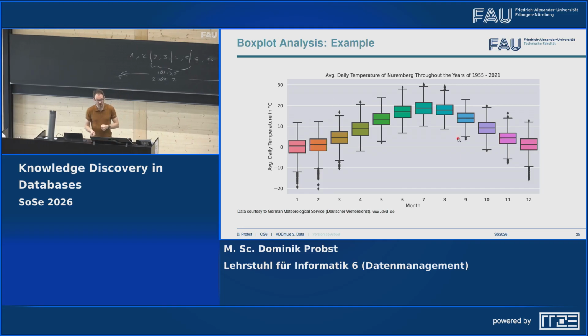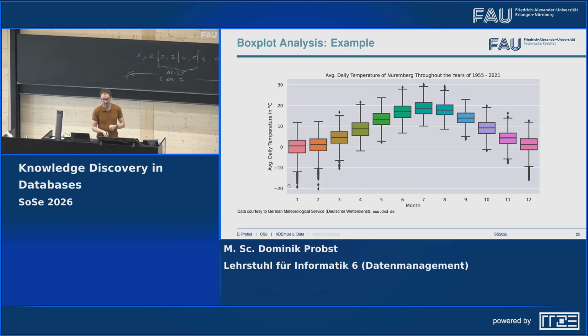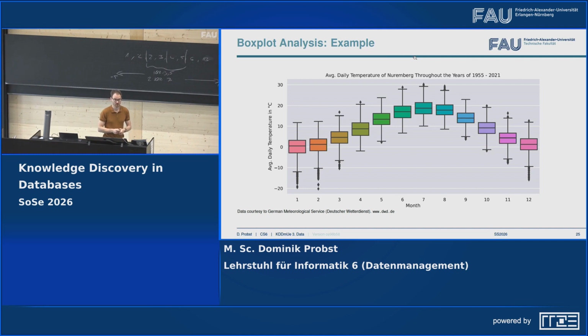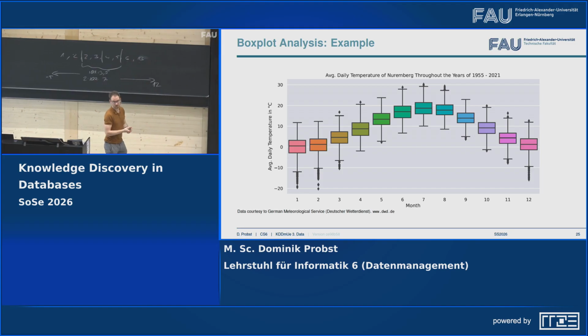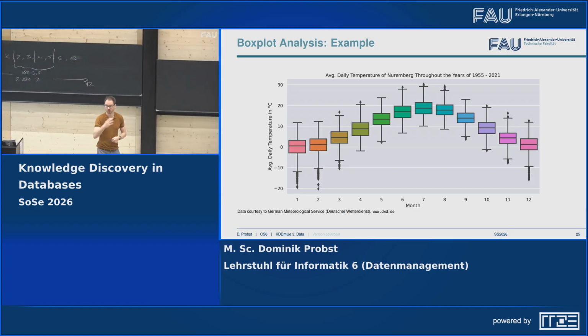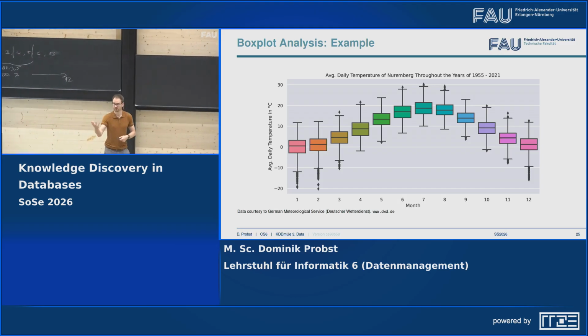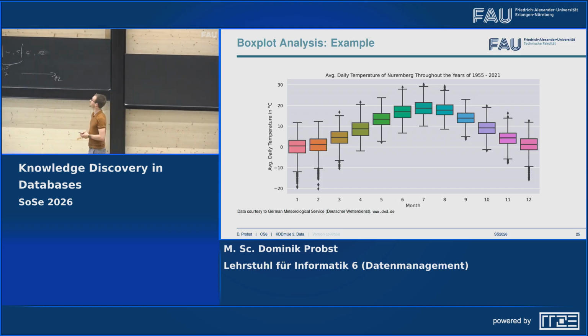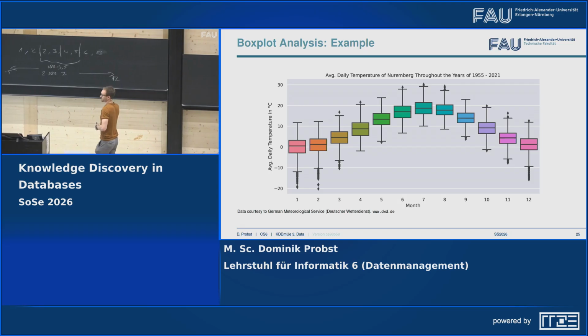But we can also see that there are some outliers to the lower end in January and December, while in July the outliers tend to be hotter than the other temperatures. And we can read a lot out of box plots. We can read a lot out of comparing box plots of different scenarios, because we see a lot of information in here.